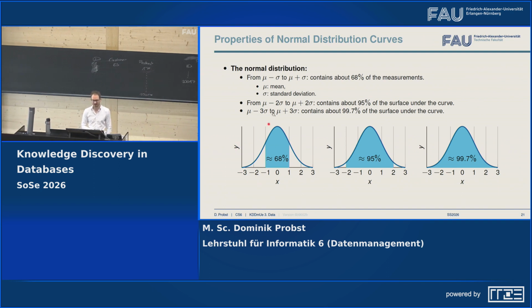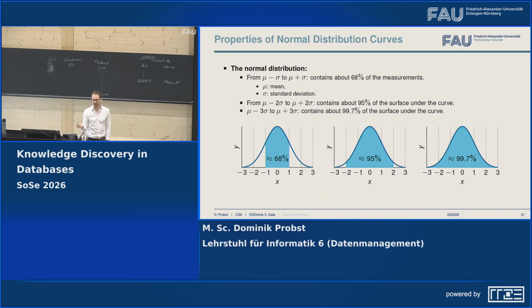We know that for the mean minus 2 times the standard deviation to the mean plus 2 times the standard deviation, about 95% of values are present. And the same thing is with 99.7% for 3 times the standard deviation. This can be used to, for example, determine outliers.